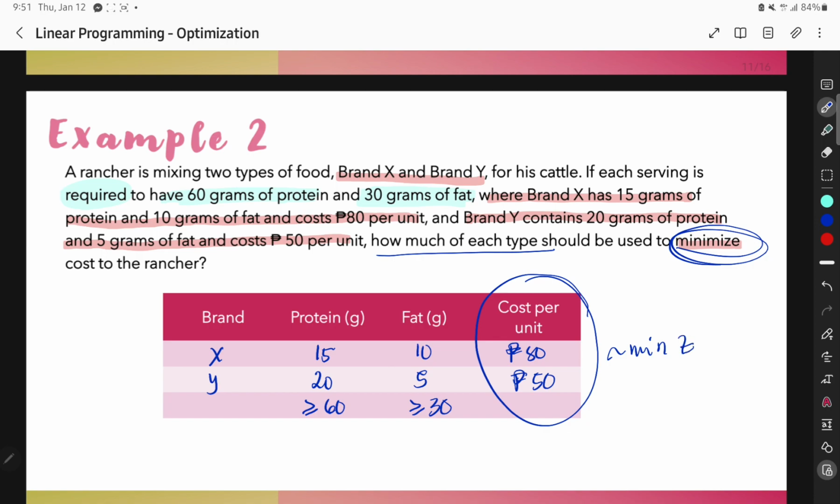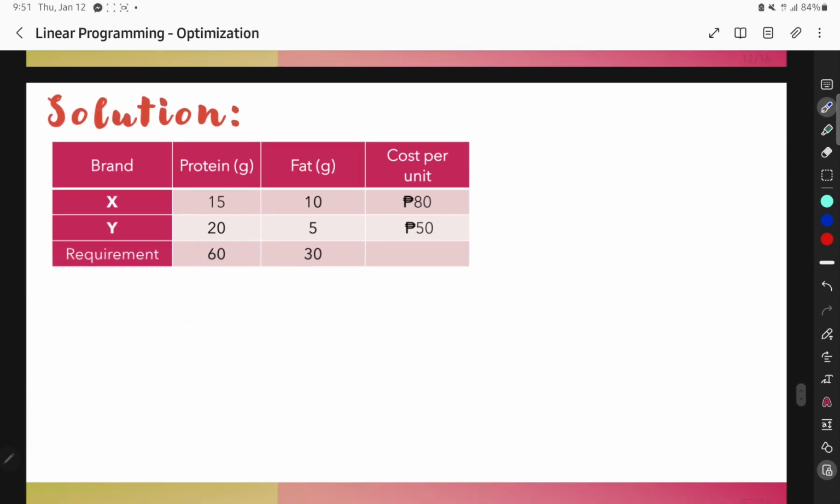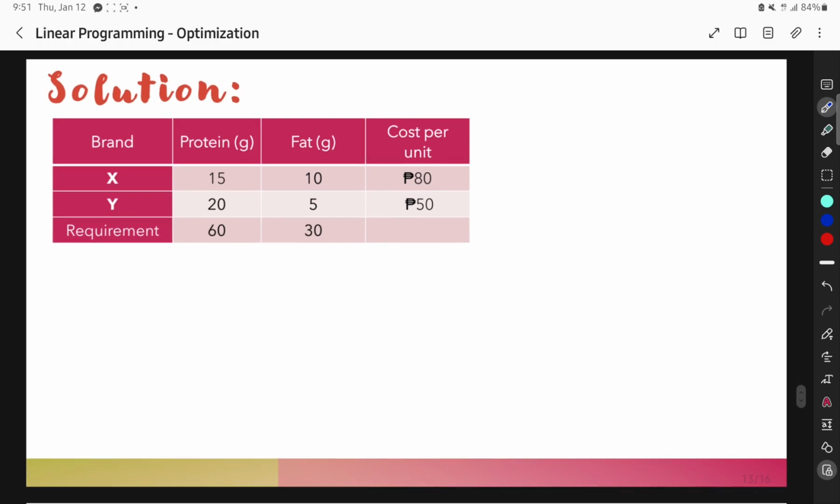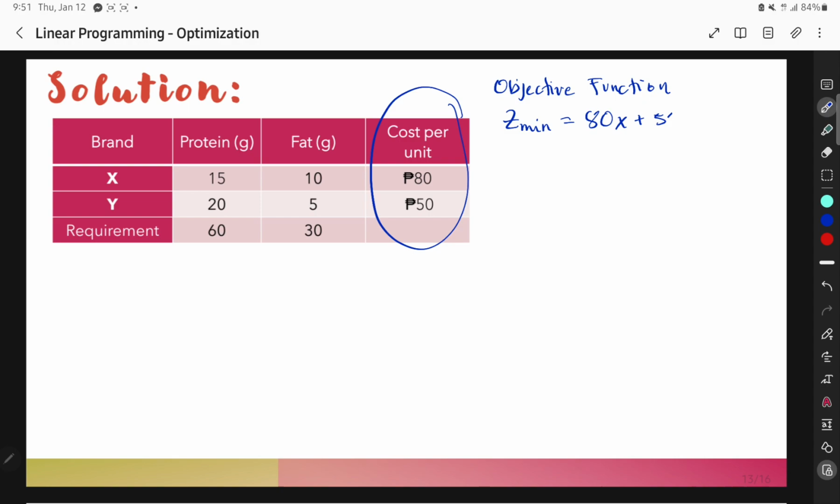Okay. Alright, so let's now move on to writing our linear programming model. So first is you have your objective function. So this one, now we want to minimize the Z. So Z means the cost. So that's 80x plus 50y. Next is subject to your constraints.